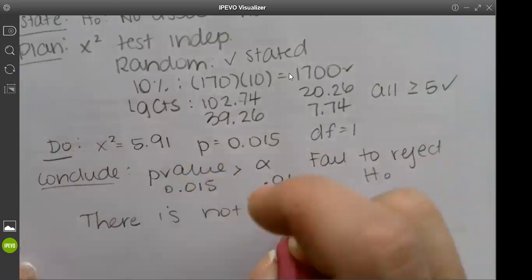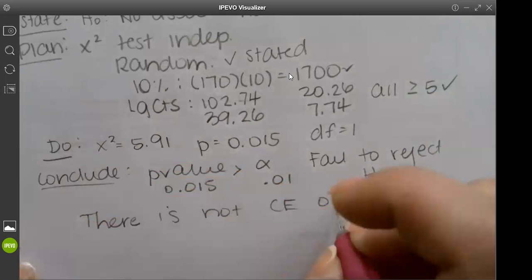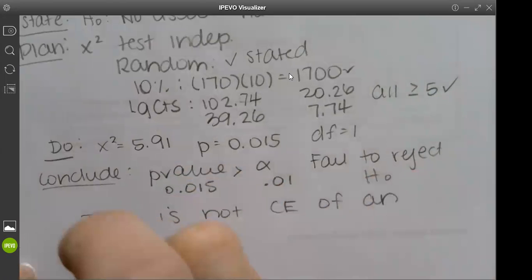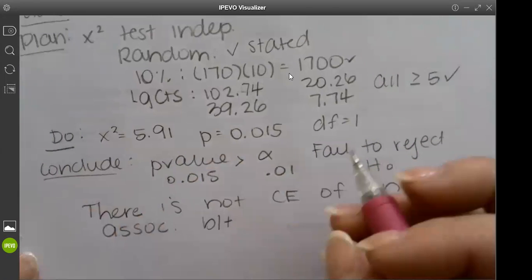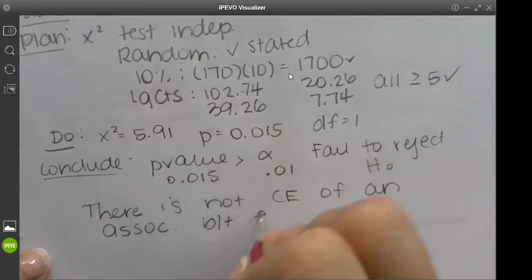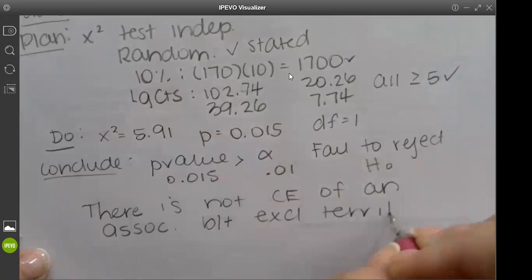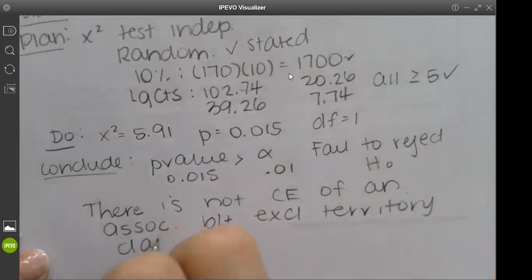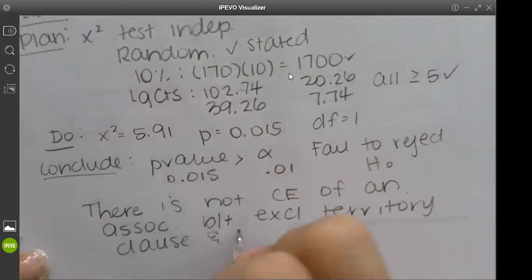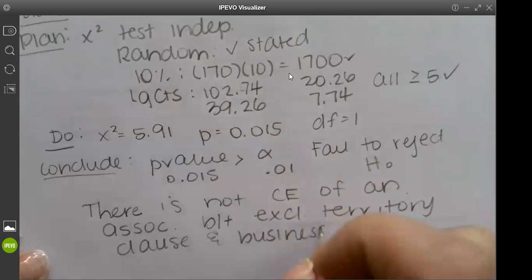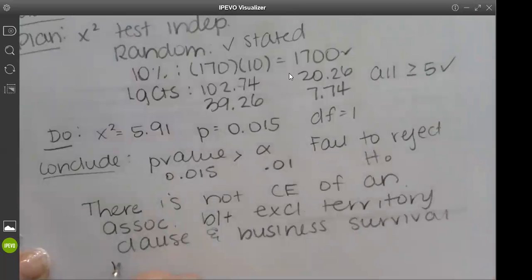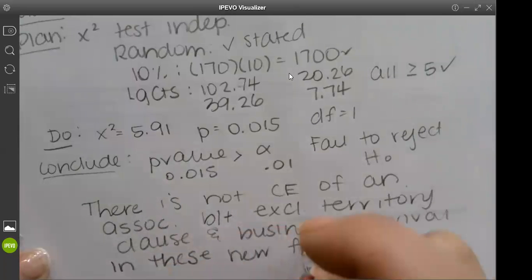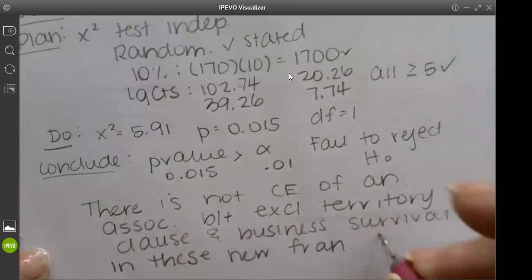So that means there is not convincing evidence of an association between exclusive territory clause and business survival in these new franchise firms.